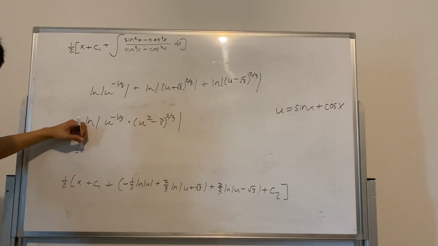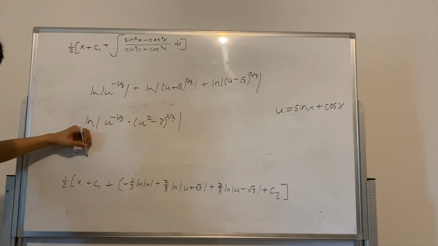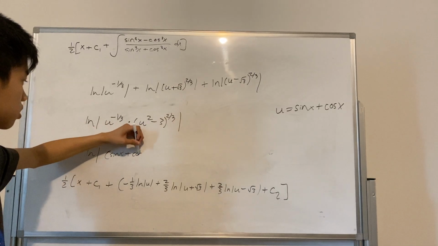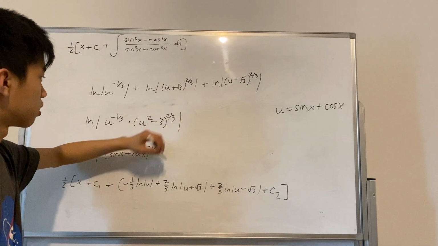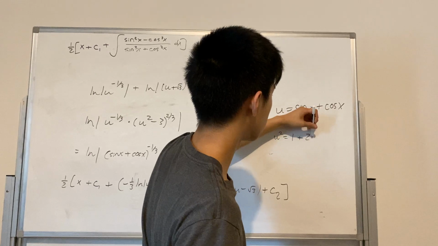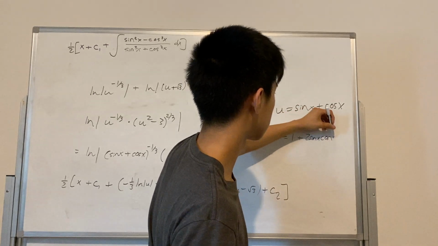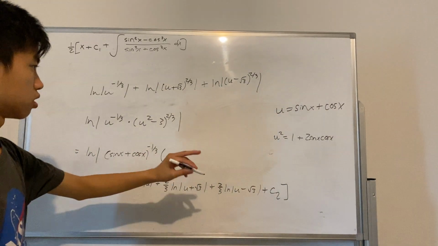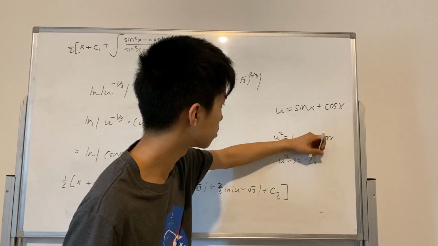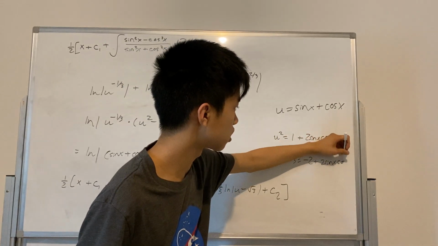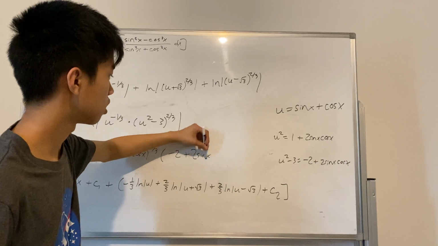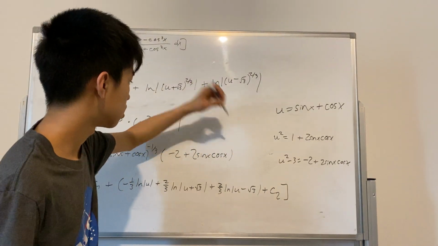So this is ln of sine x plus cosine x to the negative 1/3 power times, do you remember u squared is equal to 1 plus 2 sine x cosine x? So u squared minus 3 is negative 2 plus 2 sine x cosine x. So negative 2 plus 2 sine x cosine x to the 2/3 power.